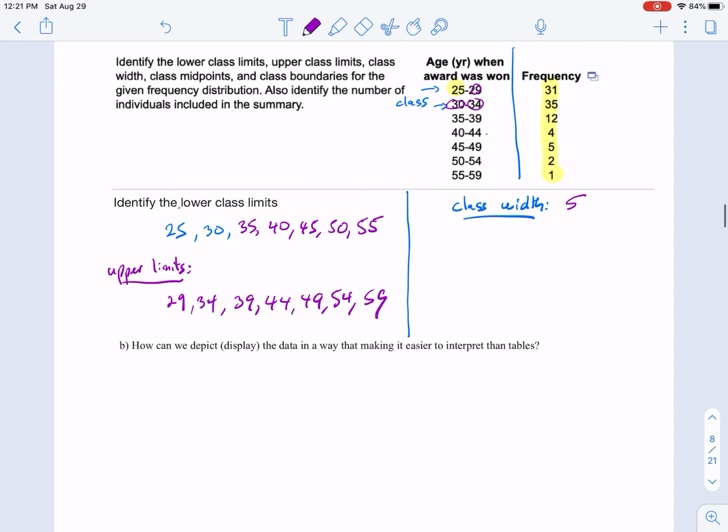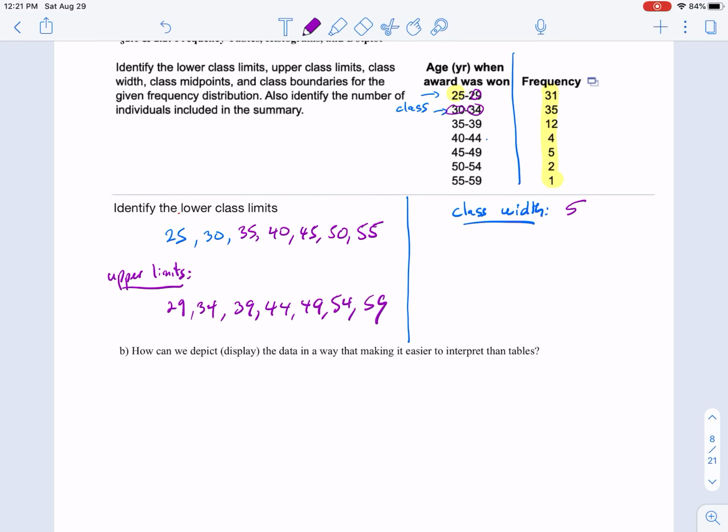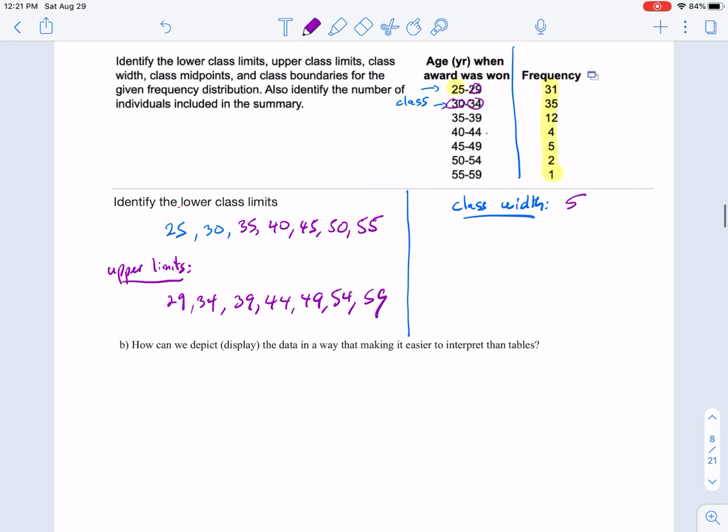The next thing we have is the midpoint, the value between each class's limits, which is the middle value. We call this the class midpoint.